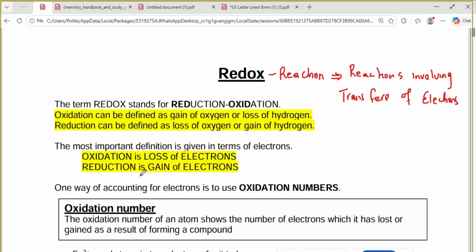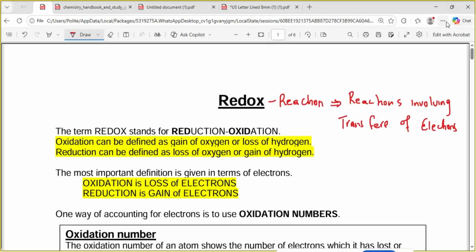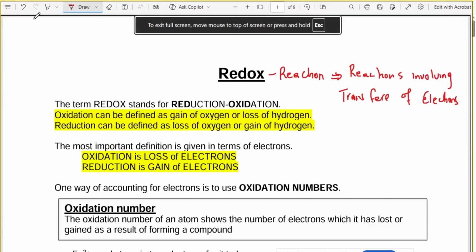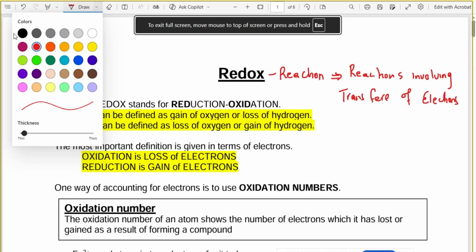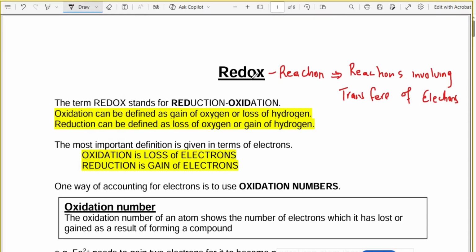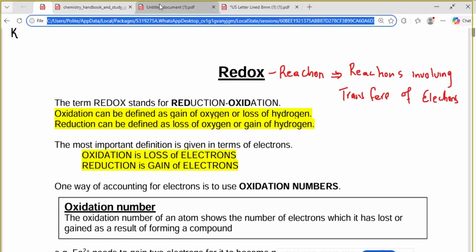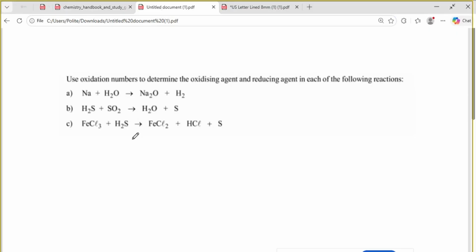So now in terms of this, there's something that I want us to pay attention to. I need you to understand what is a reducing agent and what is an oxidizing agent, because we need this to answer that question. Remember, I said we're going to answer this question before the end of this lesson.